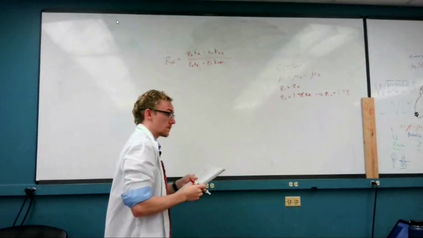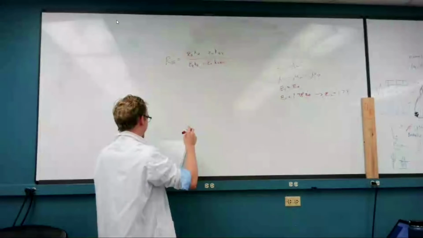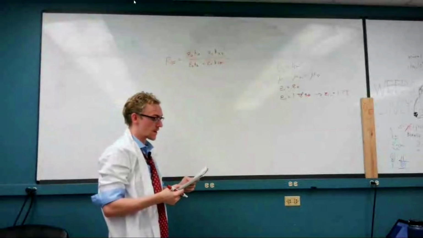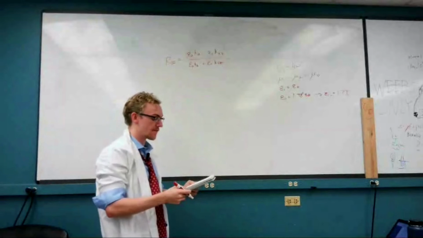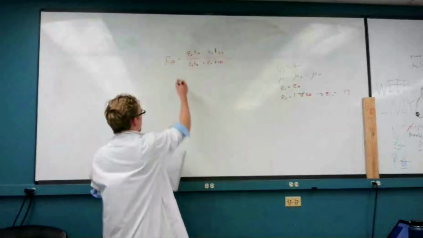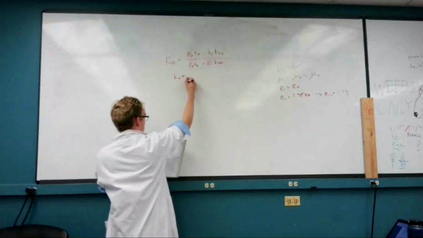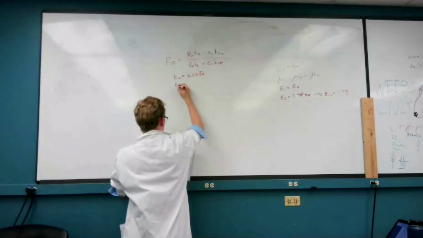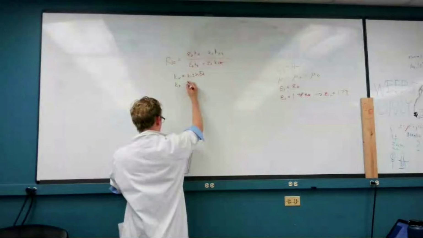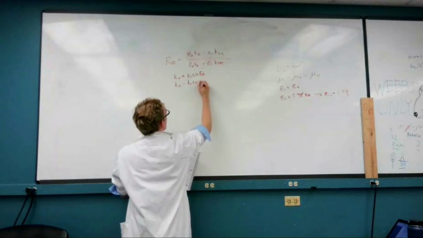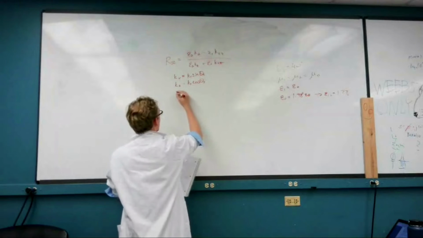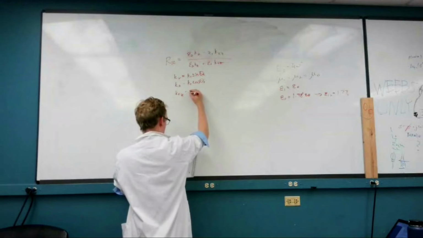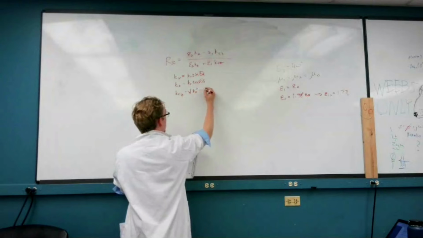From our previous calculations in question 6, if you recall, that was where we did all that fun stuff with wave numbers. We already showed that kx equals k1 sine theta I, kz equals k1 cosine theta I, and ktz is equal to the square root of k2 squared minus kx squared.